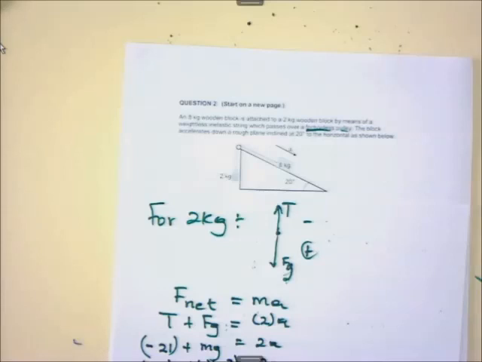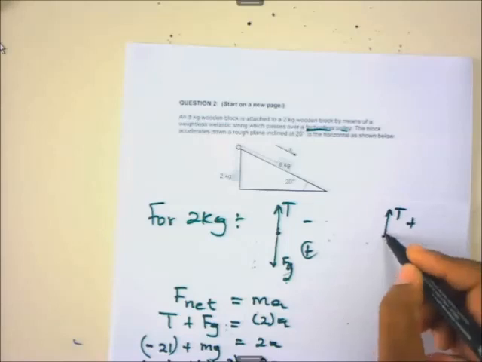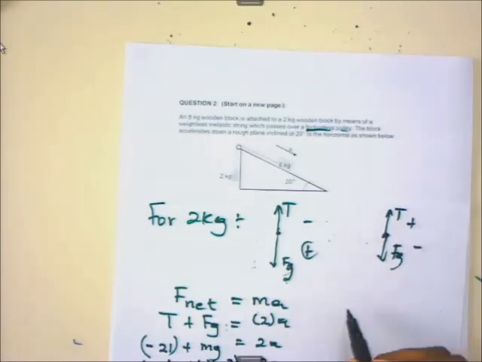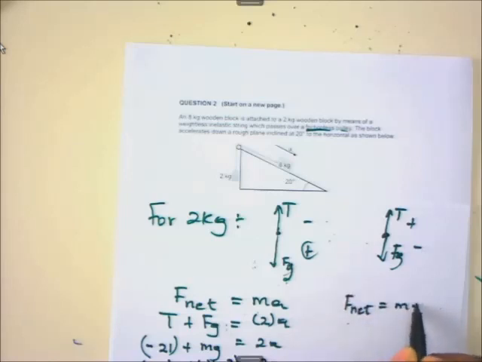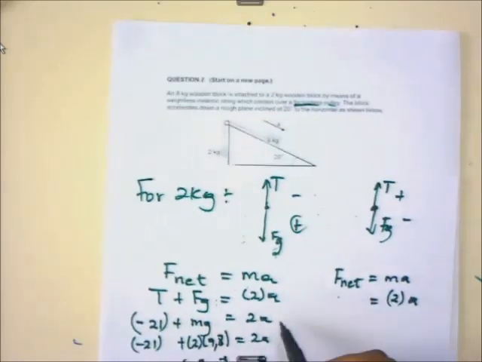When you do your mathematics, you'll find that your acceleration is equal to 0.7 meters per second squared. If you choose T as negative and Fg as positive, you still do the same thing, but what changes is not the magnitudes, only the signs.